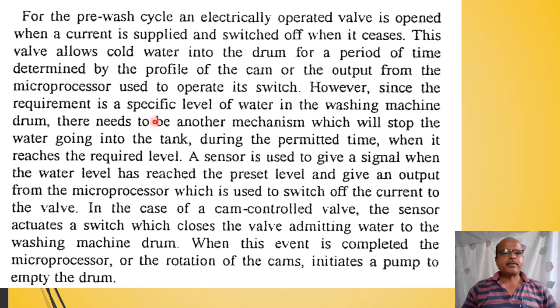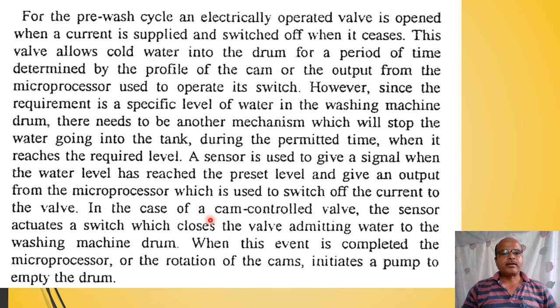However, since the requirement is a specific level of water in the washing machine drum, there needs to be another mechanism which will stop the water going into the tank during the permitted time. When it reaches the required level, a sensor is used to give a signal when the water level has reached the preset level, and give an output from the microprocessor which is used to switch off the current to the valve.